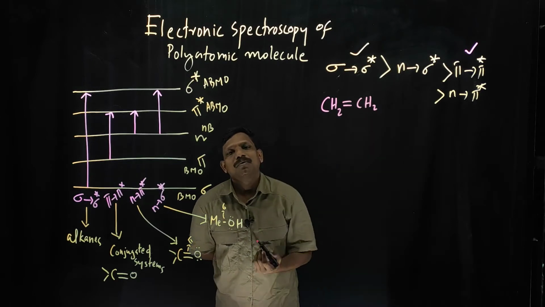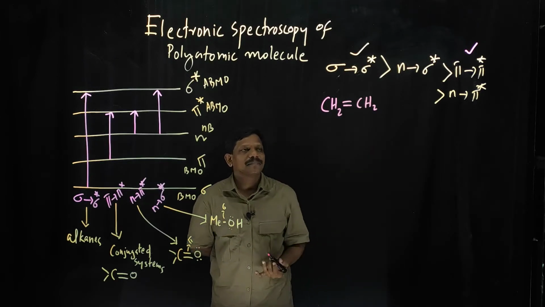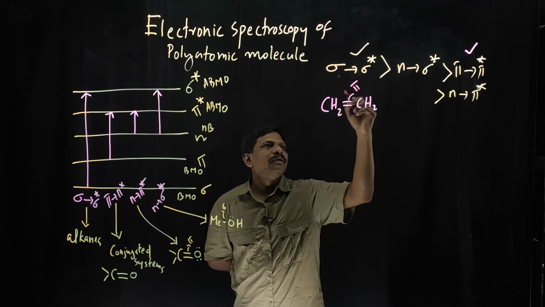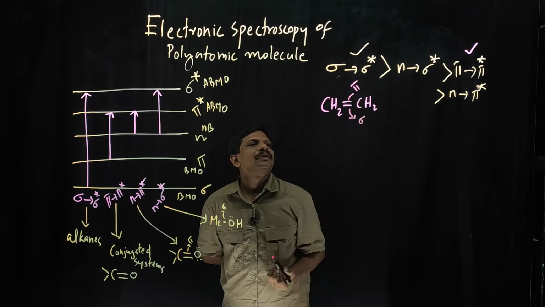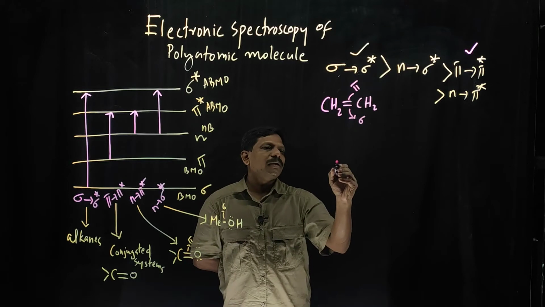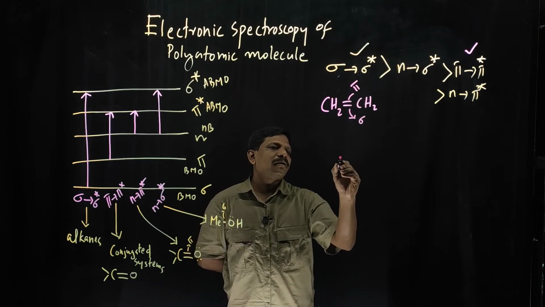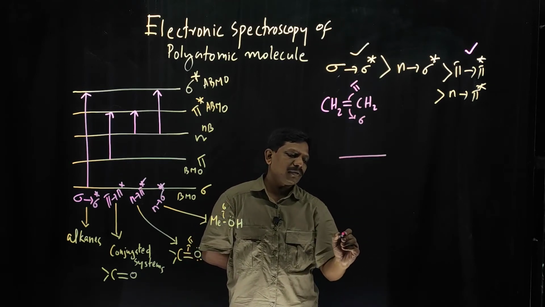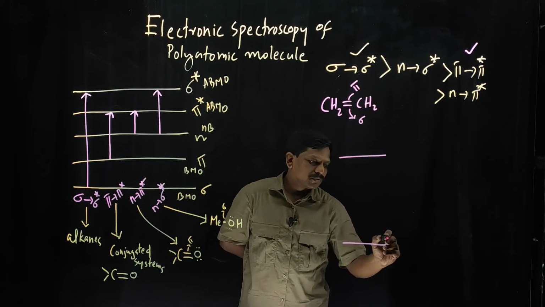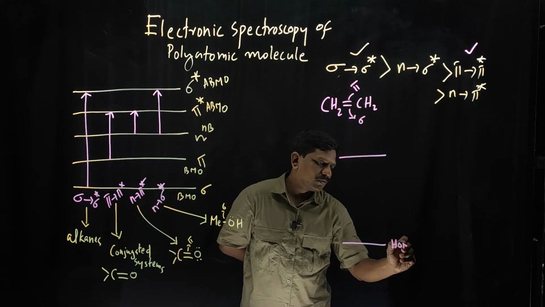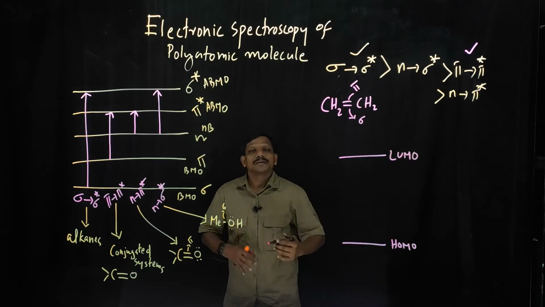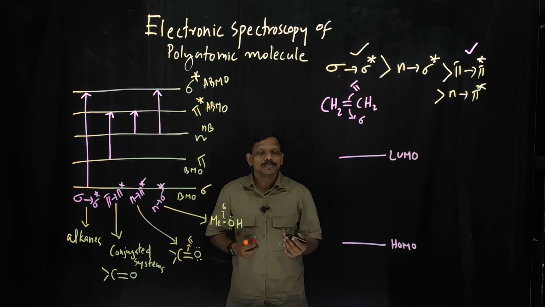This is ethylene, which consists of a double bond made of one pi bond and one sigma bond. I am drawing the pi electronic levels of this compound. You have to write the HOMO and LUMO first, because the electronic transition normally takes place from HOMO to LUMO.